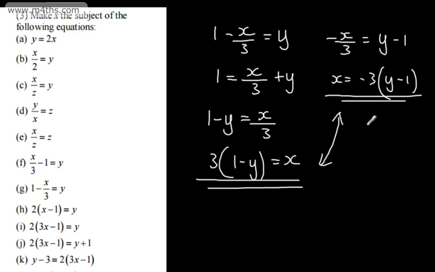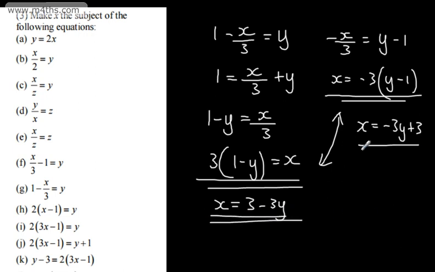If you multiply them out, x would be equal to negative 3y plus 3, and here x would be equal to 3 minus 3y, which are of course the same. I just think for this particular example it's more intuitive now to make the x positive by adding it to both sides. You can though multiply both sides of the equation by negative 3 here. You can do it step by step. I just think it's more intuitive to rearrange in this particular way.